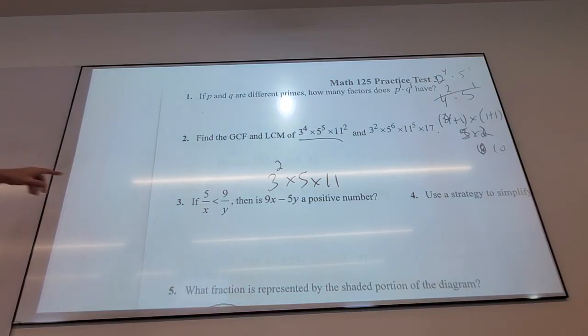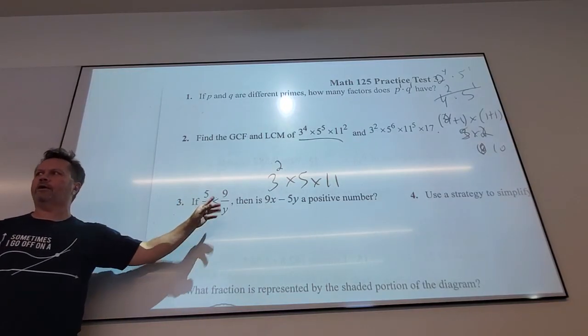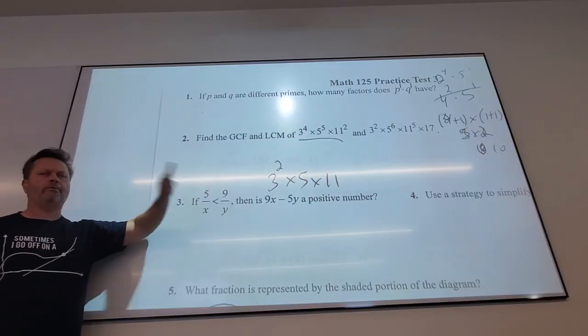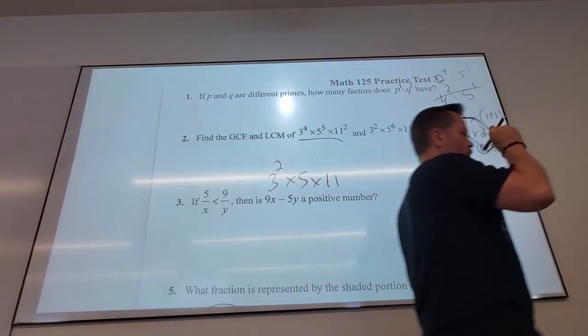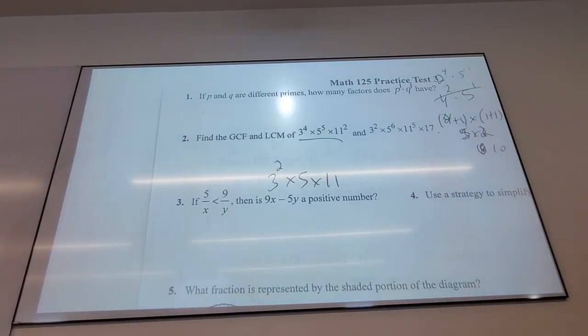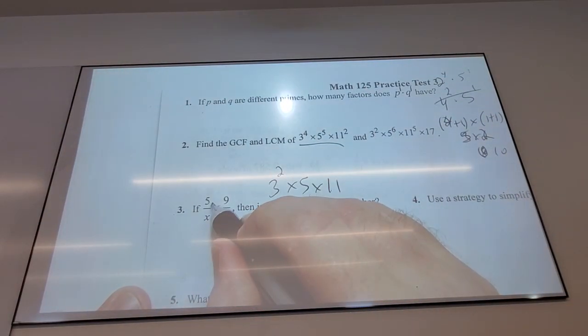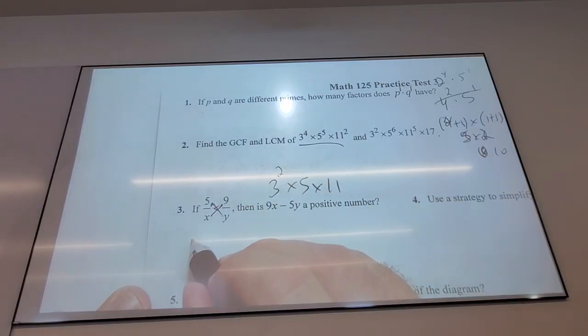I know this is less than, therefore, what if that wasn't there? How would I start to tell what the relationship is? We just did one like that a second ago. Cross multiply, yes? All right, go ahead, cross multiply. Is that cool?